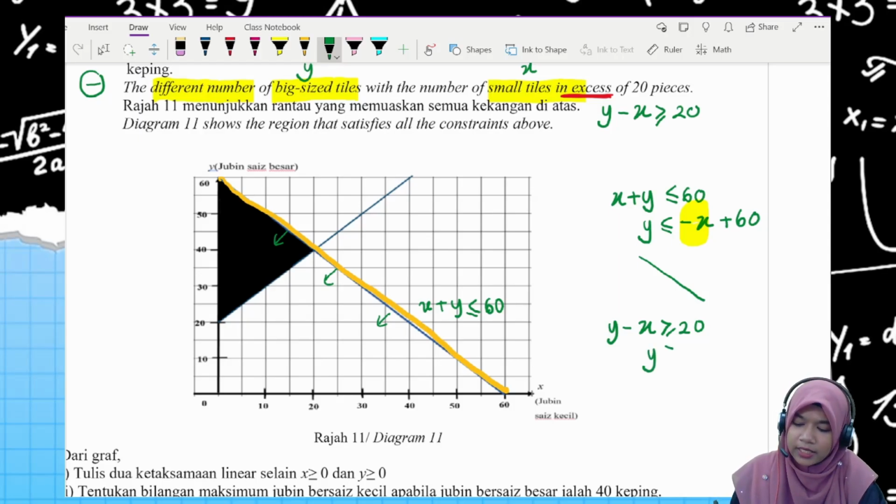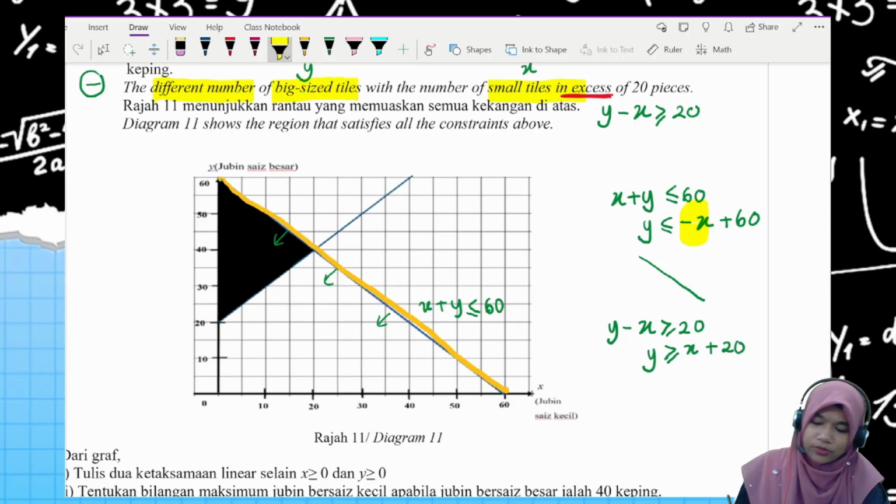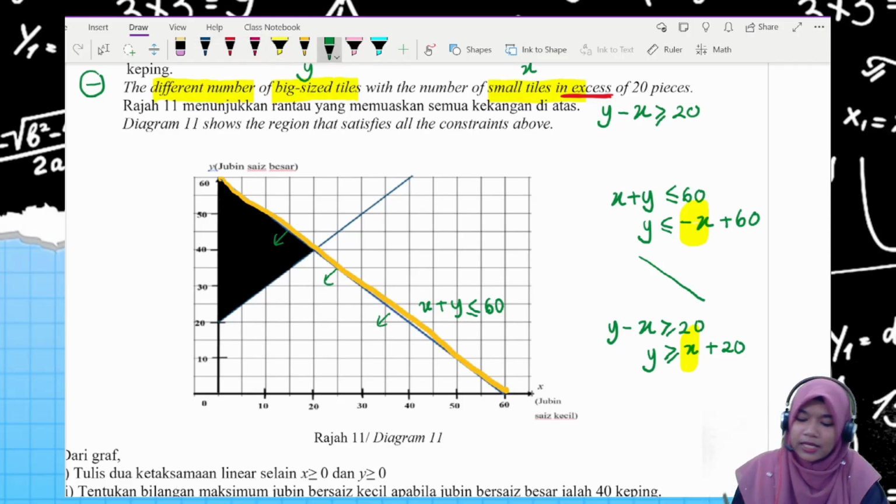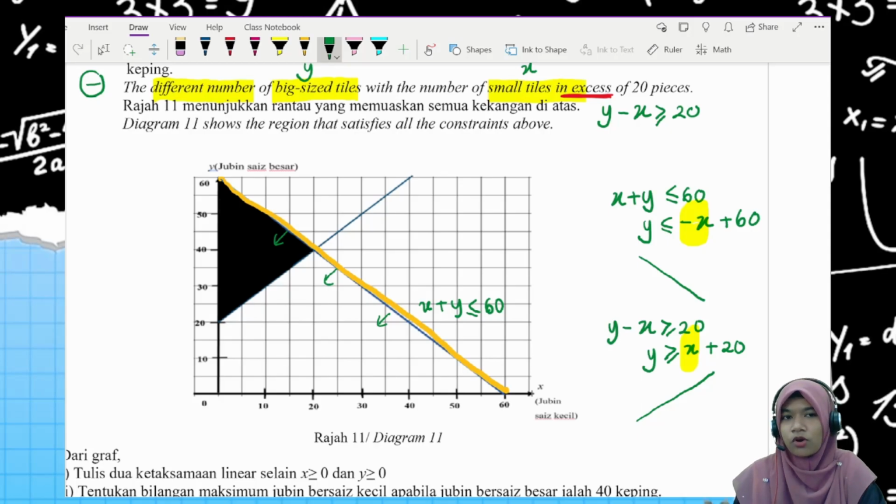So y greater than or equals to x plus 20. Look at the value of the gradient. Now the value of the gradient is positive, so it is upwards. The slope of the graph is positive.